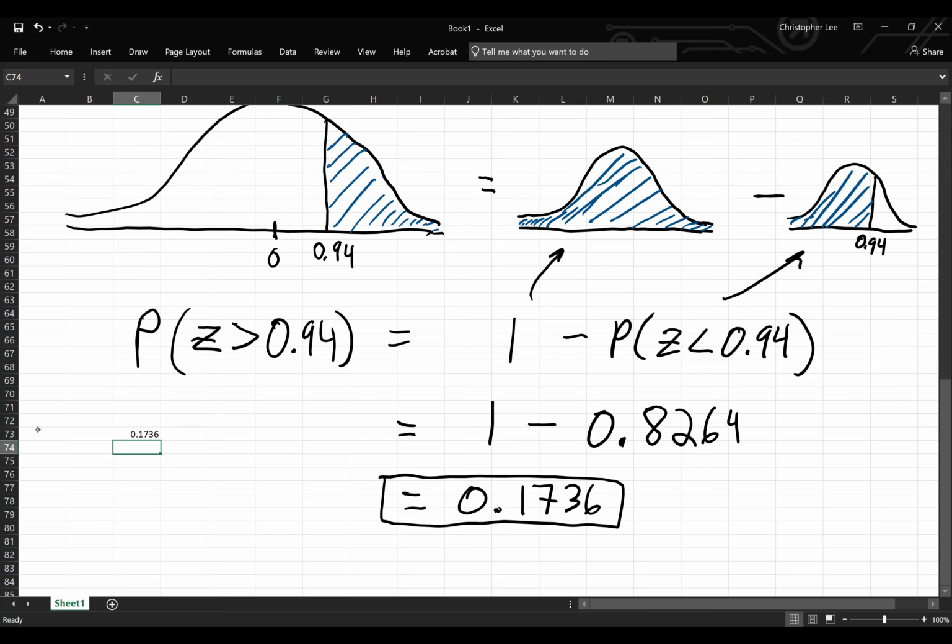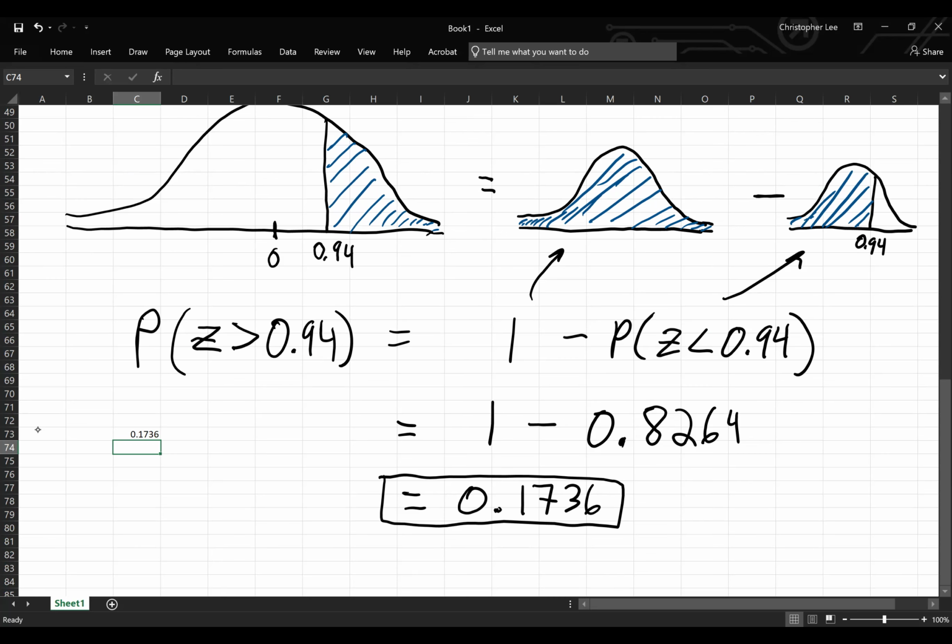Professor, you said that the reason why we're using the whole distribution is because they're asking for the area to the right of 0.94. Is that why? Yes, that's part of the reason. A more detailed reason is the symmetry of the normal distribution.